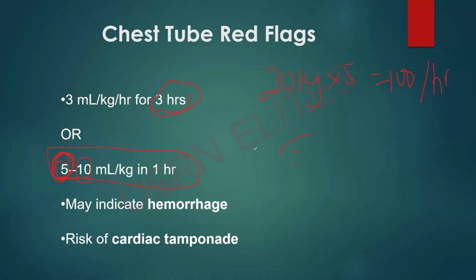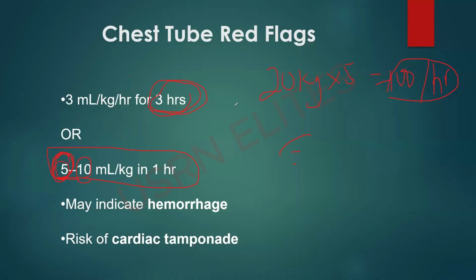Okay, so let us take it this way. When you have more than 100 mils per hour continuing for 3 hours, that is a cause for danger. But I'm trying to link it with questions I've seen before, so that when you see questions of such nature, you can know, because some questions are very tricky.